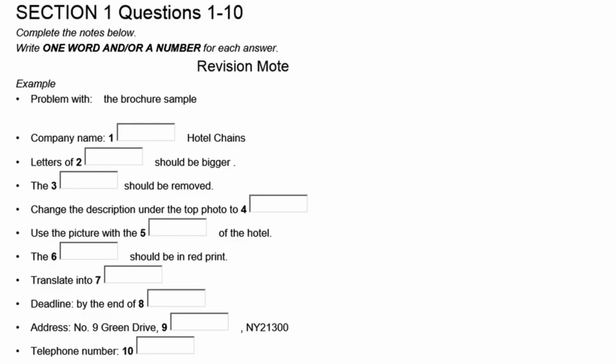So, roughly, when could we get the revised print? We need it before the end of July. It's late June now. Roughly, it'll take 3 weeks to re-edit. So it will definitely be ready before the deadline. Great. To where shall we send the samples? The address is number 9 Green Drive, Clifton, NY 21300.